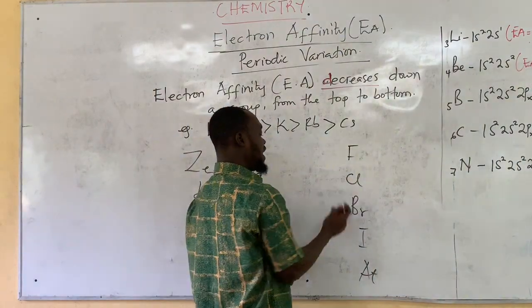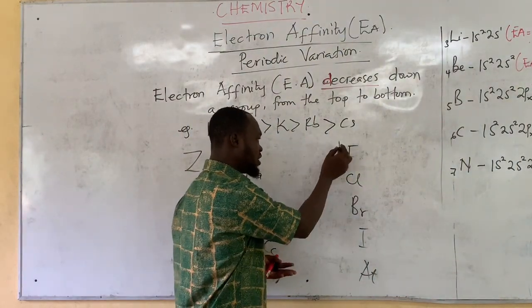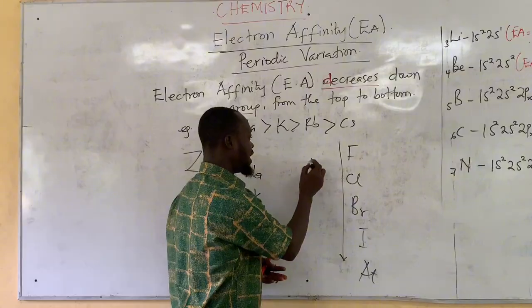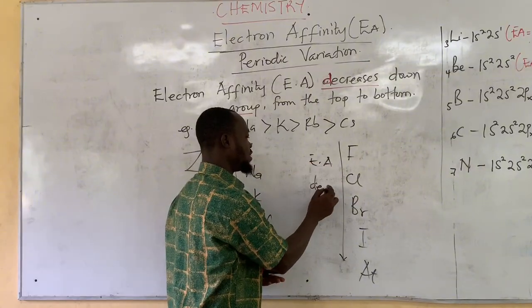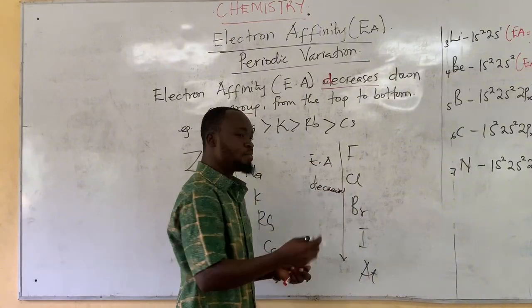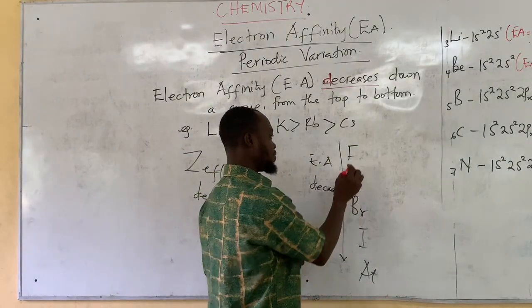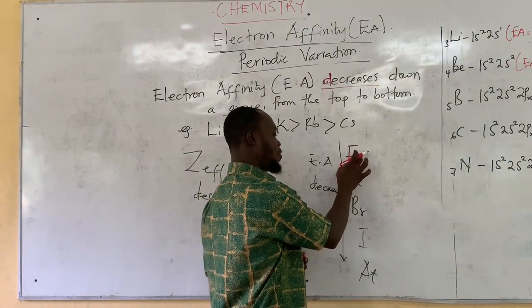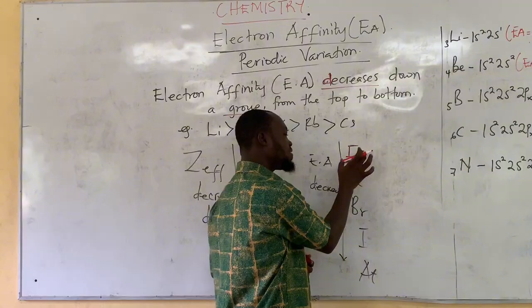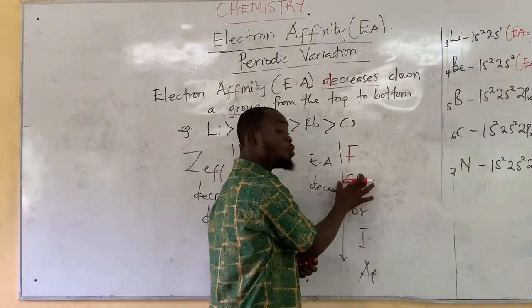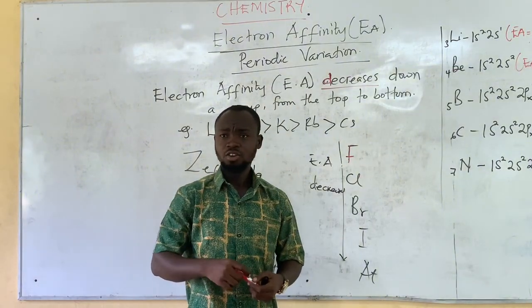So in EA variation down the group, we said EA is going to decrease. What is the meaning of this? It means that the electron affinity for fluorine will be greater than the electron affinity for chlorine. You get a point here?